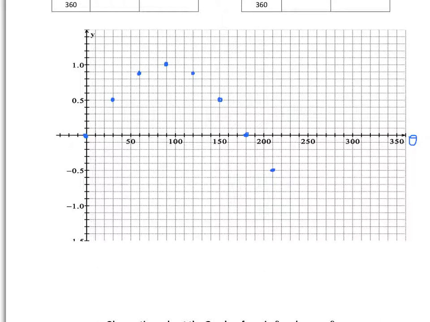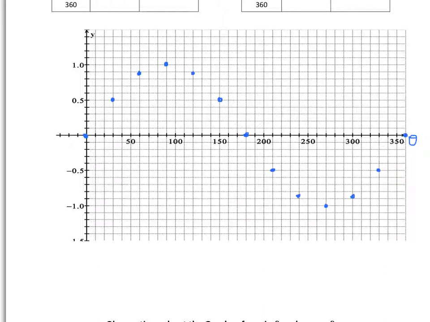Sine 240, negative 0.87. Sine 270, negative 1. Sine 300, negative 0.87. Sine 330, negative 0.5. And sine 360 is 0.